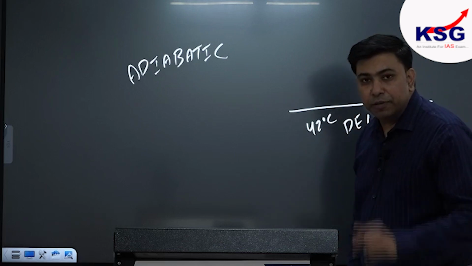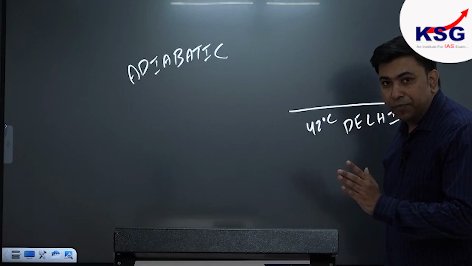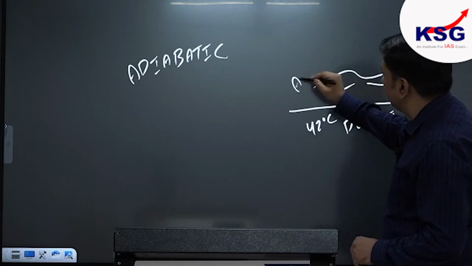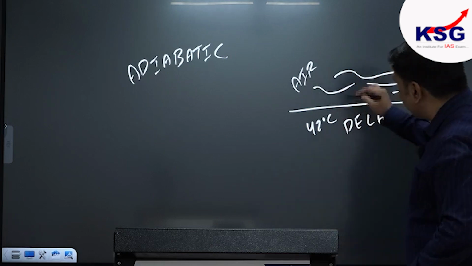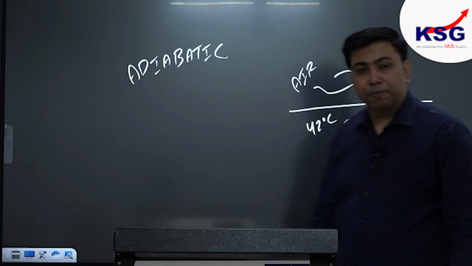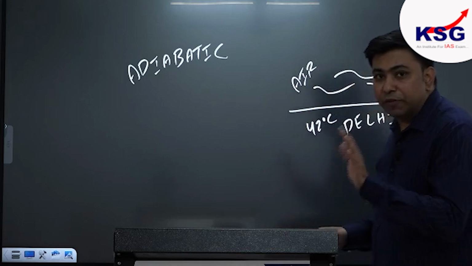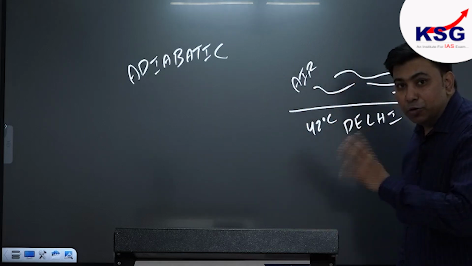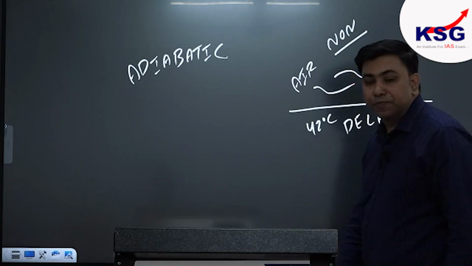So the surface of Delhi remains very warm. The air parcels over the surface of Delhi are able to absorb some amount of heat from the surface, and then the air parcel becomes warmer. So this phenomenon would be called non-adiabatic phenomena.